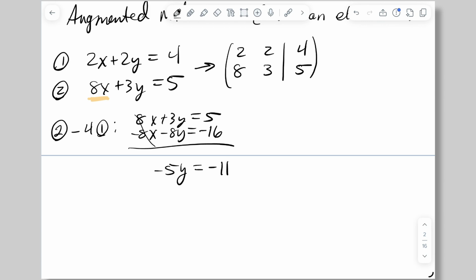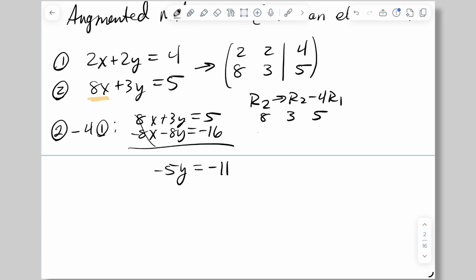Okay. We can do all that same stuff with these rows of the augmented matrix because the rows of the augmented matrix exactly represent these equations. And the way I would write this is I'm going to replace row 2 using row 2 minus 4 times row 1. Row 2 is 8, 3, 5.